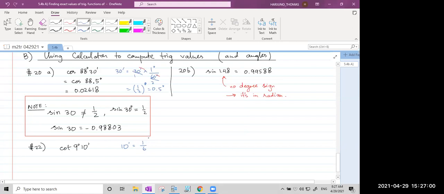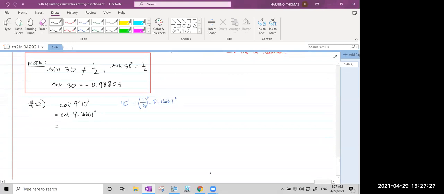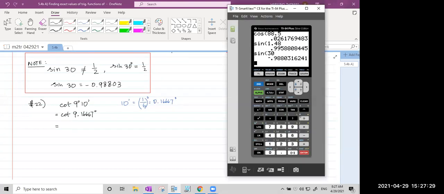In decimal, that is 0.16667 degrees. So this is cotangent 9.16667 degrees. But we don't have cotangent on our calculator.